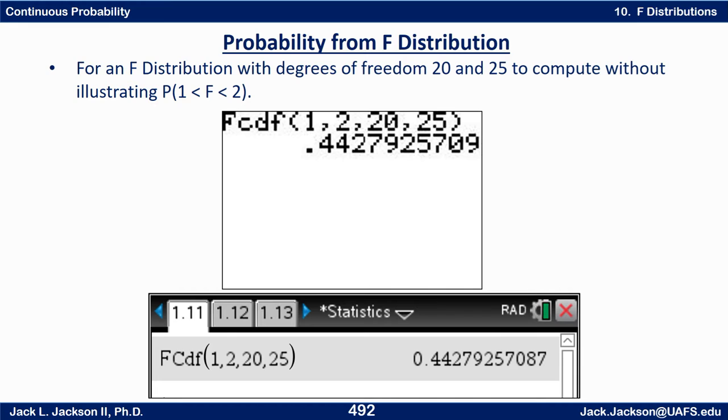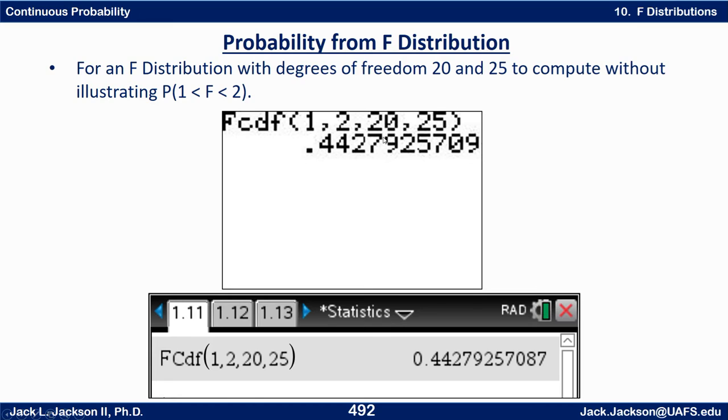So once again, it works just like the chi-squared one that we did several examples of in the last video. You just give it lower and upper, and then you give it the parameters. In fact, all of these, the normal, t, chi-square, F, work basically the same way. For the CDFs, you give a lower and then an upper. Then you have to tell it the identifying numbers for that distribution.